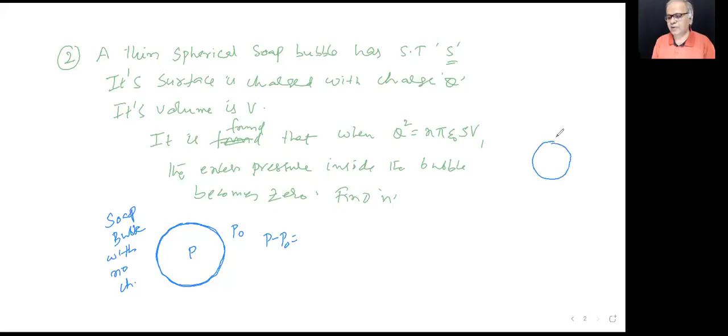So what kind of work are you doing? It is 2T by R? No. 2T by R1 plus 2T by R2, which gives 4T by R, because a soap bubble has two surfaces like this, R1 and R2. If R1 is approximately equal to R2, it is 4T by R. That is 4S by R in this case. If it is without charge, that is it. With charge, what happens?